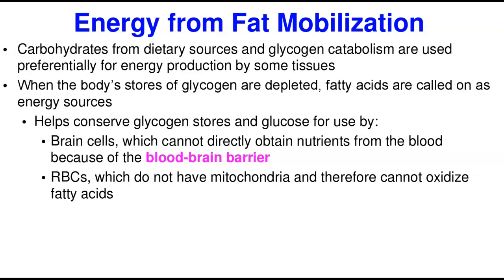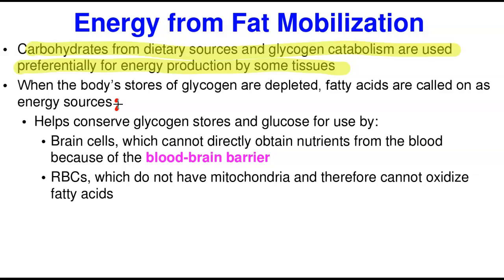Yes, the body prefers to use carbohydrate sources for energy. It doesn't just like using fat, except when there is need. So when the body's store of glycogen is highly depleted, in extreme fasting for example, the fatty acids are called upon to be a source of energy. Now, what is the significance of this? The significance is that they are backups for energy when the body does not have the immediate source, as usual, which is carbohydrate.